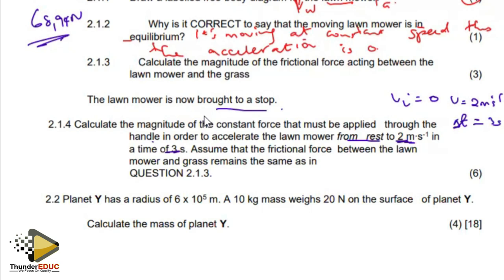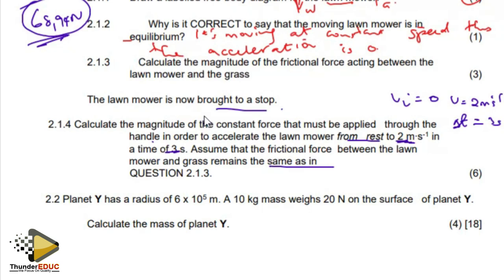Assume that the frictional force between the lawnmower and the grass remains the same as 68.94. What is the question asking for? The magnitude of the constant force that must be applied.